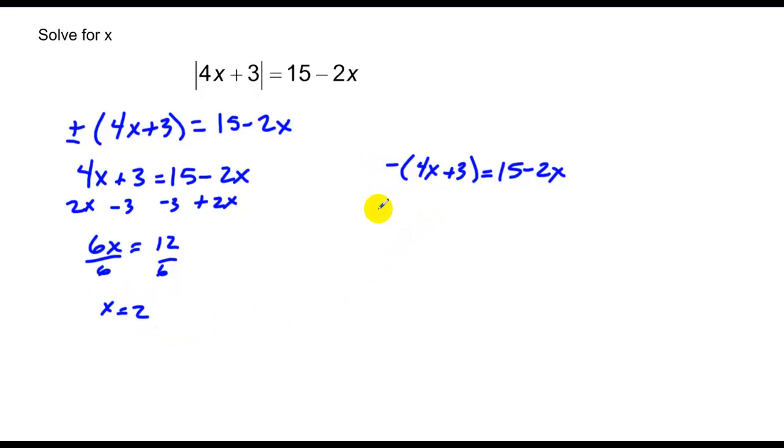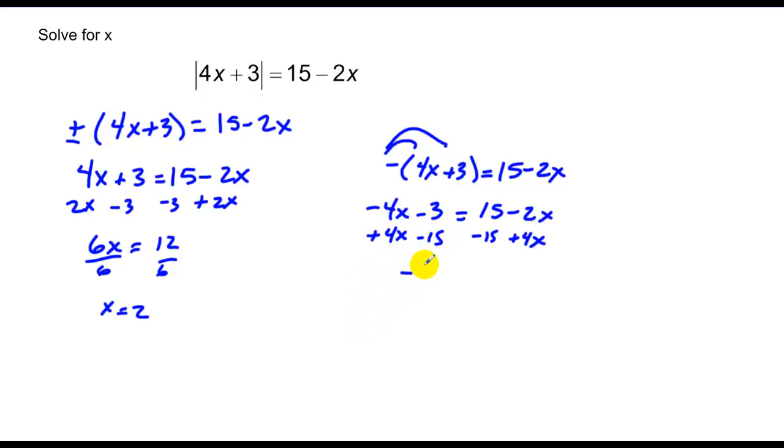In this case, I can do it a number of different ways. I could divide by -1 on both sides, or this time I'll distribute the negative in. So I have a negative 4x minus 3 is equal to 15 minus 2x. This time I think I'll add 4x to both sides and subtract 15 from both sides.